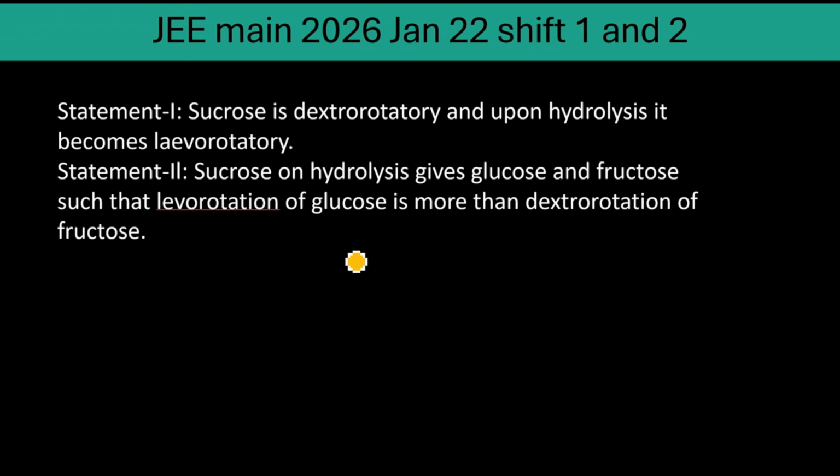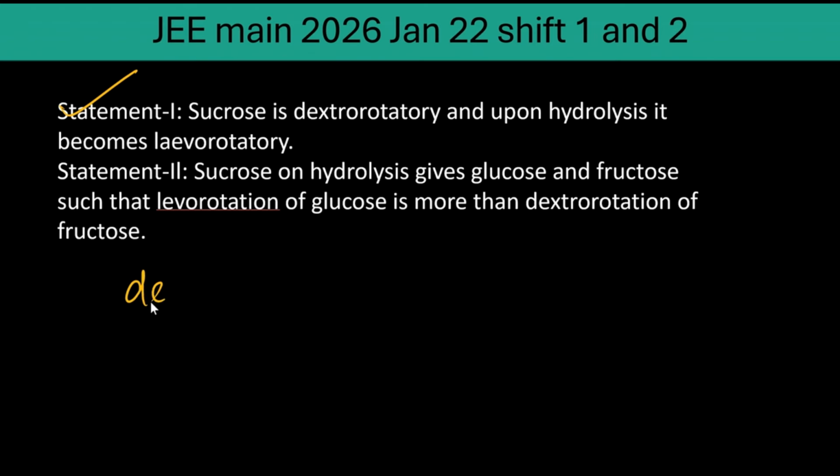Sucrose is dextrorotatory, and upon hydrolysis it becomes levorotatory. Sucrose on hydrolysis gives glucose and fructose, such that the levorotation of glucose is more than the dextrorotation of fructose. So which of the statements are right? Statement 1 is right because the inversion of sugar happens there. And what about statement 2?